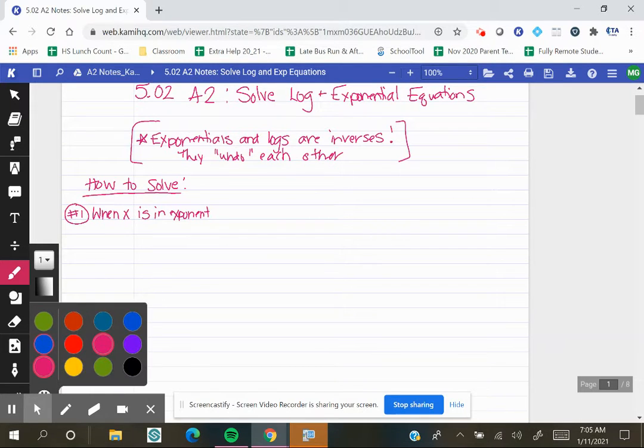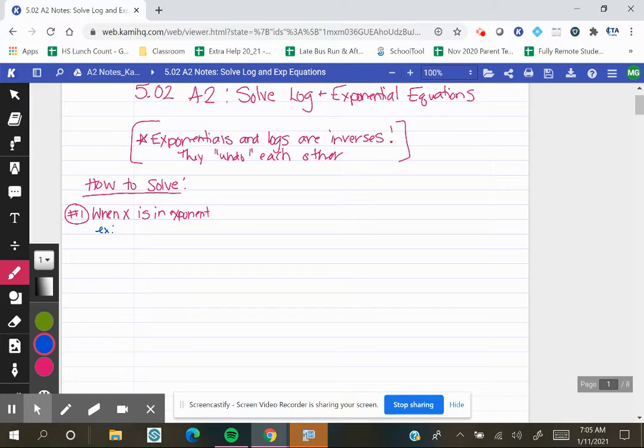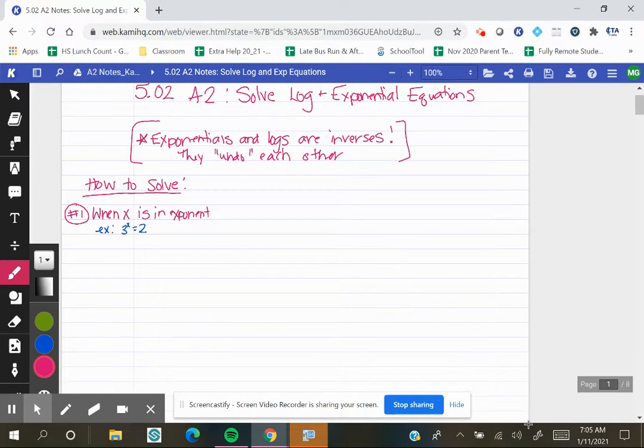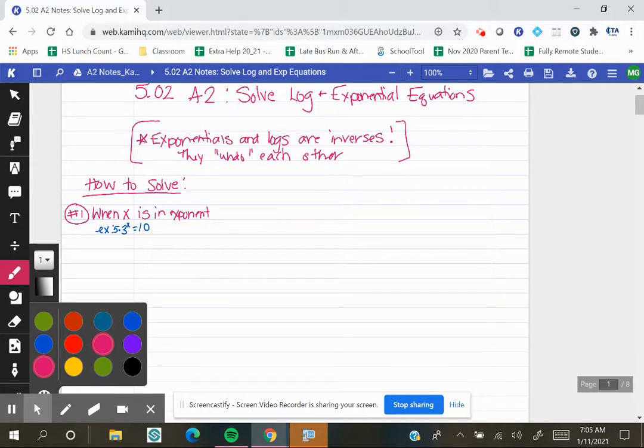So for example, you would have like 3 to the x equals 2. Or even you might have 5 times 3 to the x equals 10, so you understand the next step.